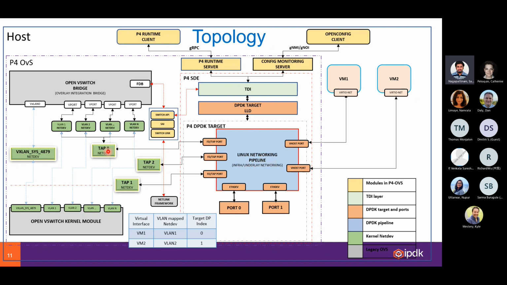Here, on top of the tap port, we would have created multiple VLAN networks with a VLAN assigned to each, and these VLAN networks will be added to your OVS bridge. That means any packet coming to your tap0, because it has a VLAN tag, goes to your VLAN network.